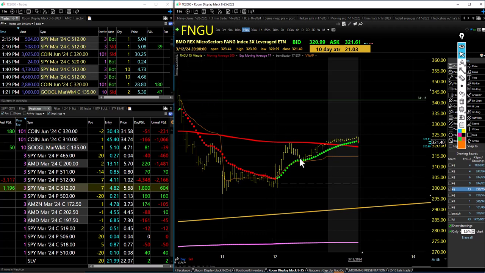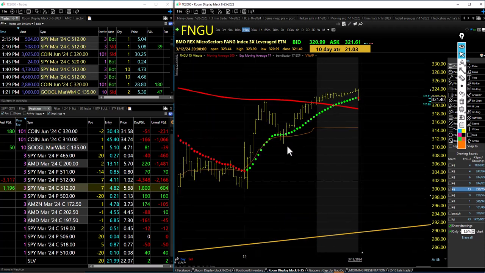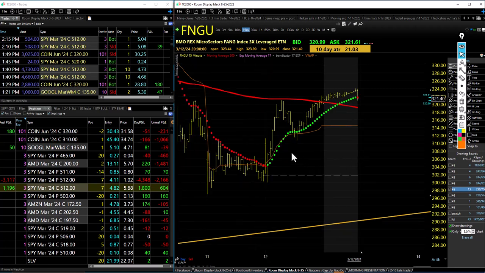Here's FNGU, and anytime I see FNGU make a higher low, I'm looking for FNGU to make that higher high. That tells me to go to the SPY and possibly look for the next 10-minute uptrend that's also rising up over VWAP.